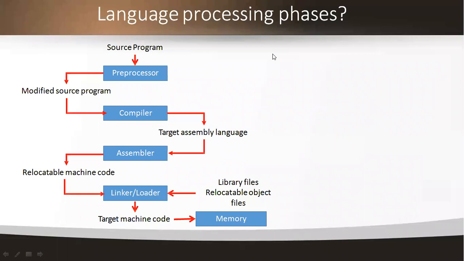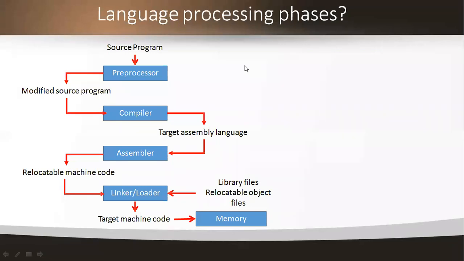I will explain what that output is later. That output is then taken as an input to the compiler. We are not taking the source program directly to the compiler. Whatever output we get from the preprocessor is taken as input to the compiler. If you all see the slide, you can easily understand what I am saying.